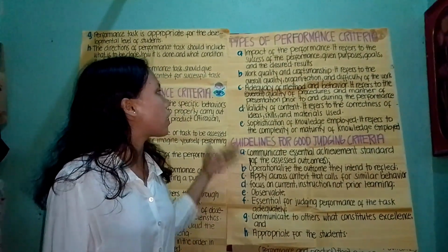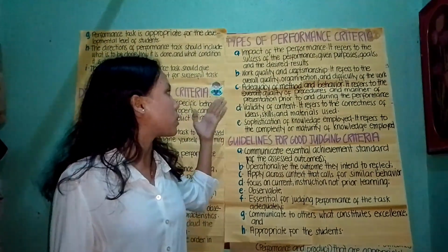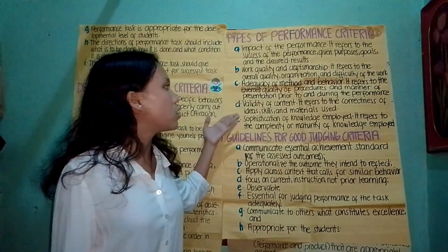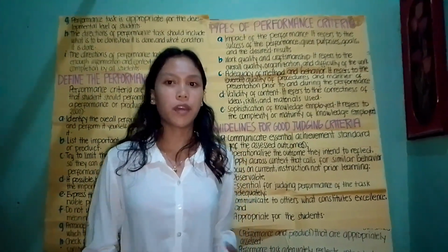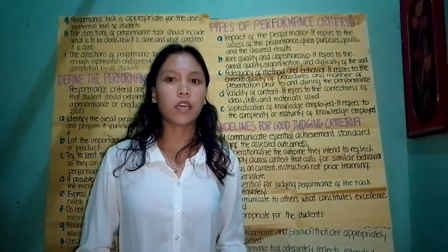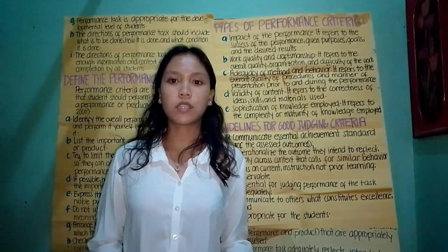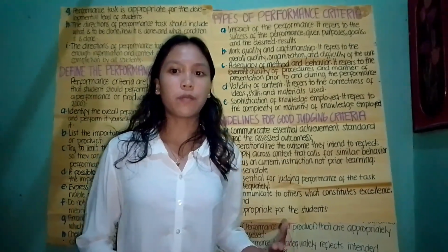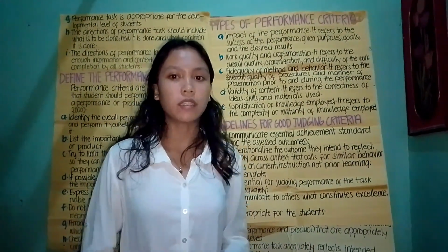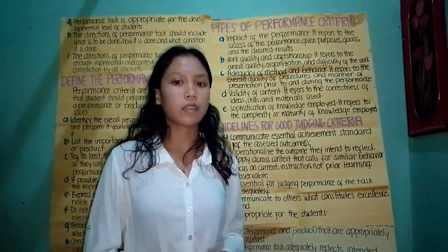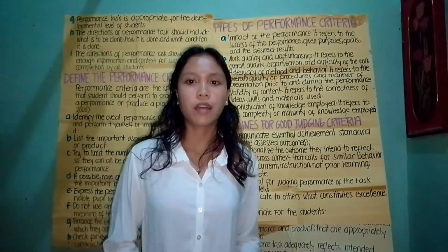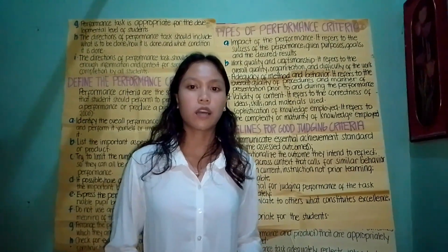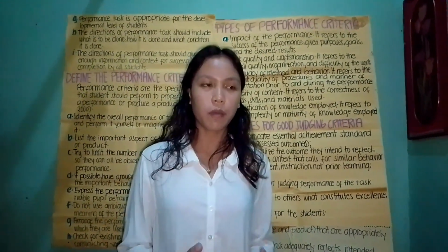It refers to the quality of procedures and manners of presentation prior to and during the performance. So, efficacy of method and behaviors refers to the quality of method and approaches used before and during the performance. For example, in a performance task at delivering a presentation, performance criteria may assess the quality of the presentation and the students' behavior during the presentation.